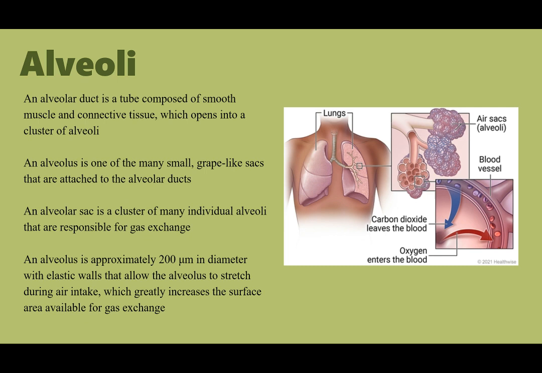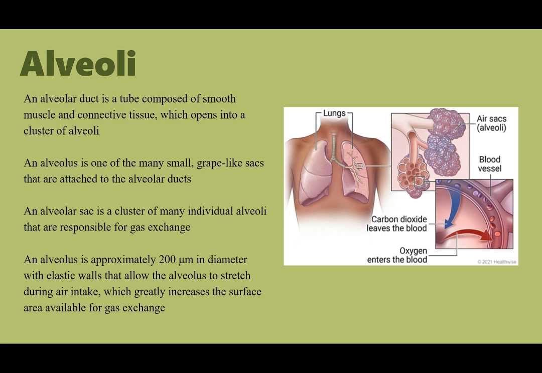And maybe some of you are confused between alveoli and alveolus. They are all the same, but one is the simple form and one is the complex form. They both indicate small sacs, small bubbles.